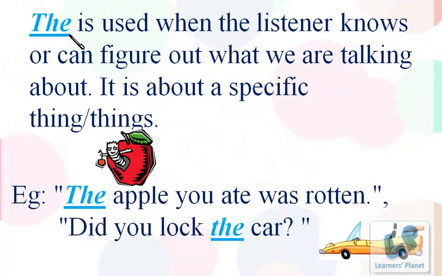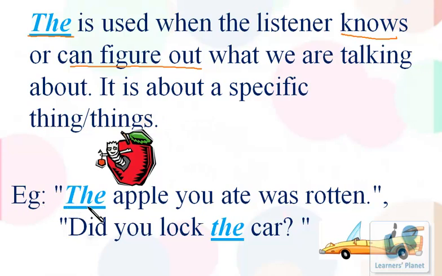Now let us see the next place where the is used. The is used when the listener knows or can figure out what we are talking about. It is about a specific thing or things. This means that we haven't directly mentioned the thing, but as we have been talking about it, the listener can figure out what that thing is.